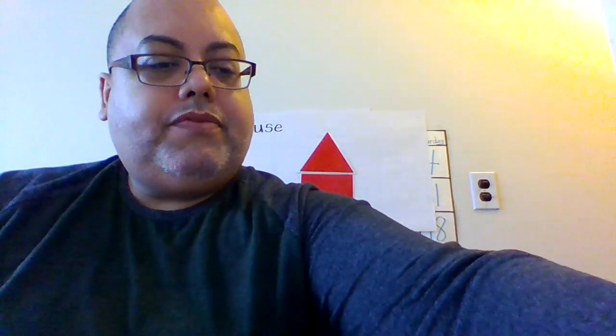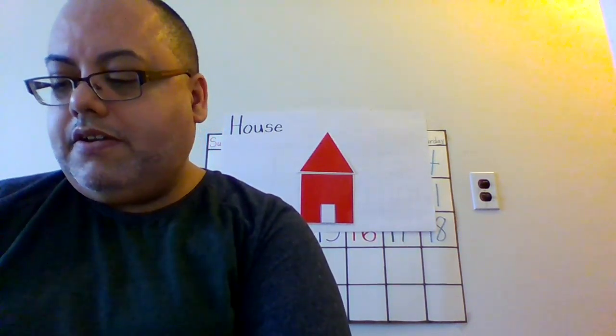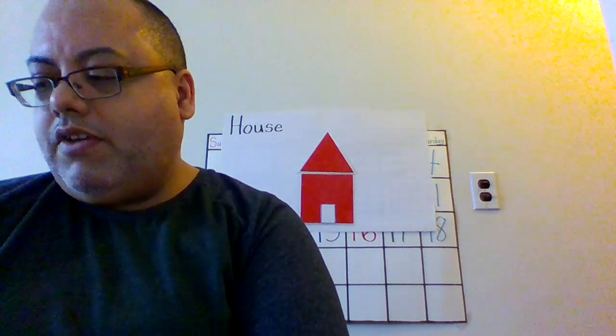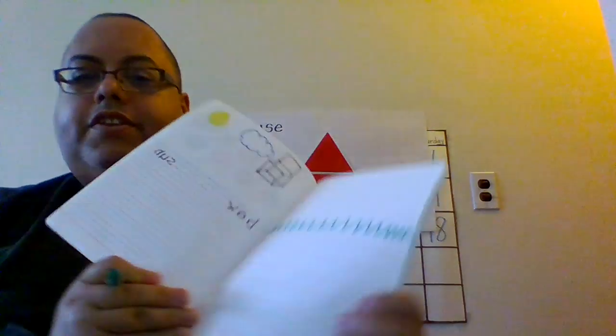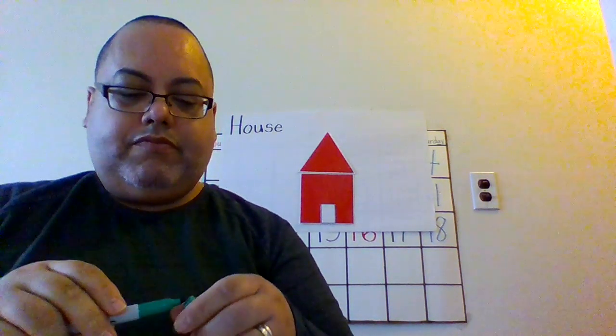So, I'm going to draw my house. Okay? And I'm going to use the same markers that I was using before. I just have them here. I wanted to start with the grass because those are details that I did not give you before. You see? Yes, I wanted to do a sun.